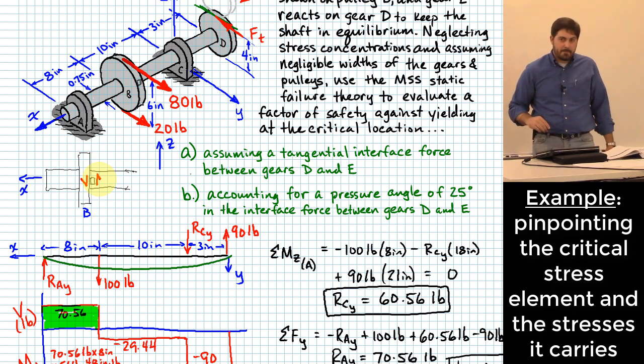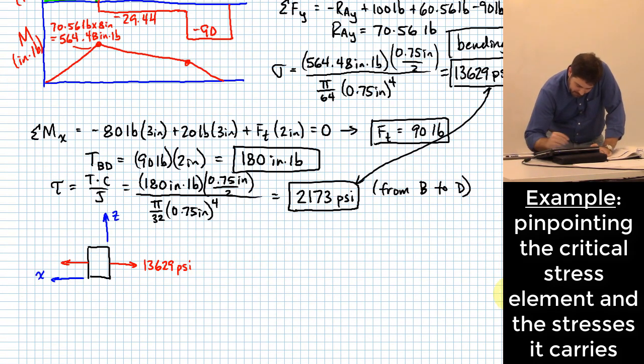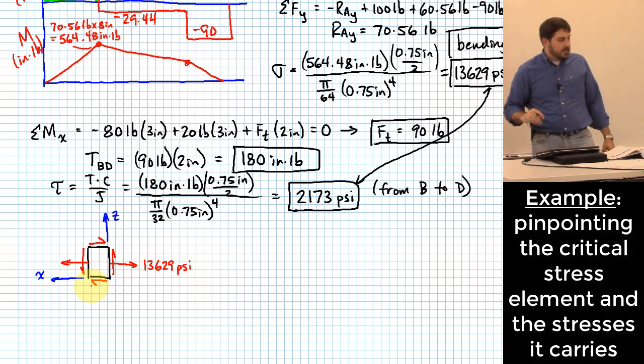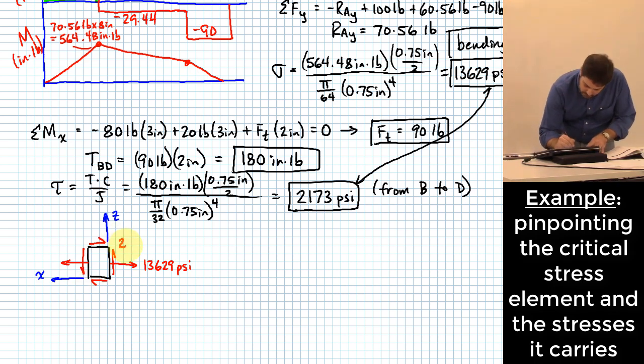You with me? So I'm going to put those on here like this and say there's a shearing stress going that way, one going that way, and the way I complete that out is by showing my stresses like this on that patch, and the value of that shearing stress is going to be 2173 PSI.